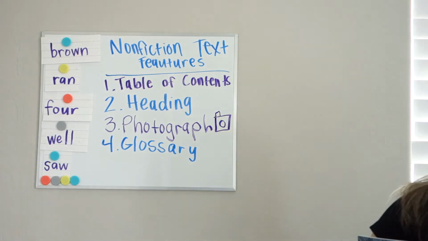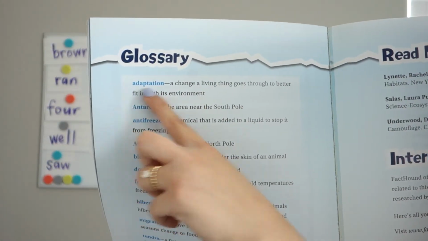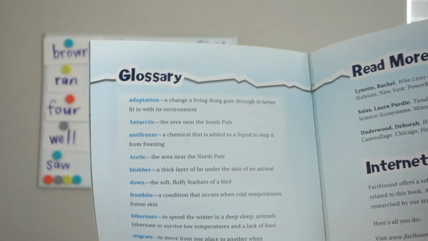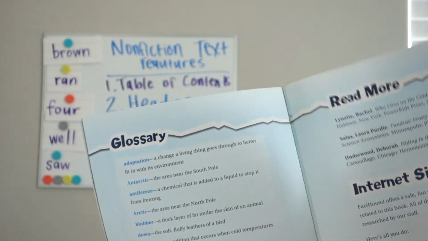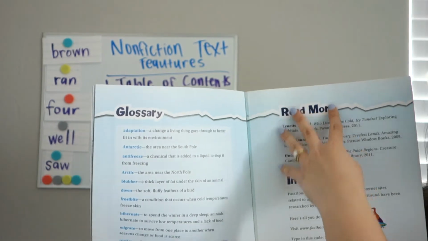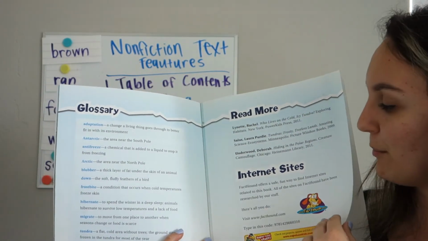And if you want to draw a picture of a glossary, you can maybe write the definition of adaptation and write that down. Or write down what blubber means. Alright? And then this is just more things that you can read about Antarctic animals or Arctic animals.